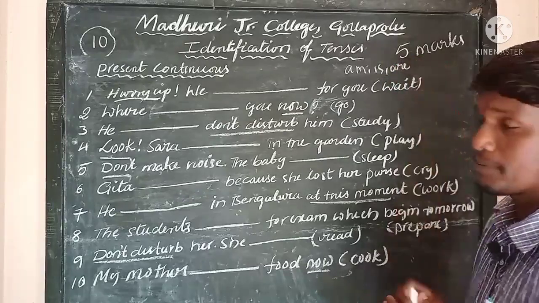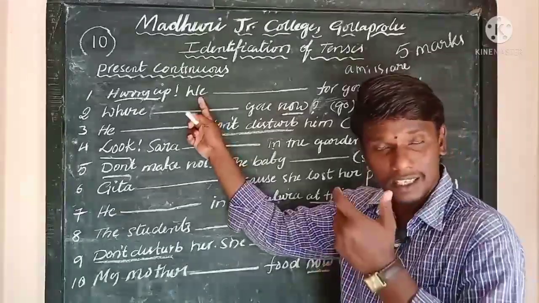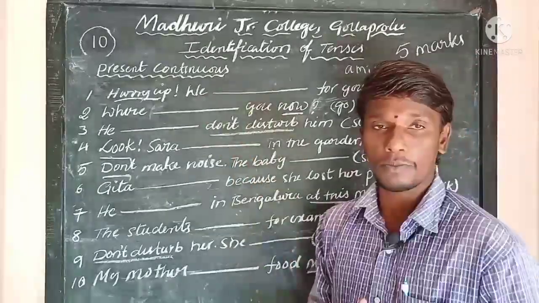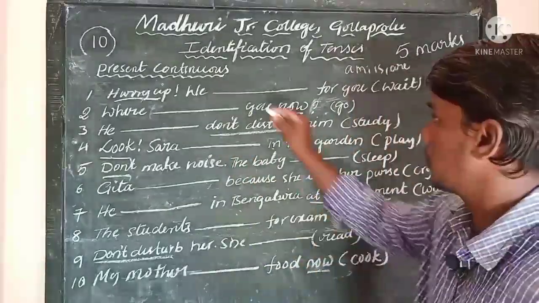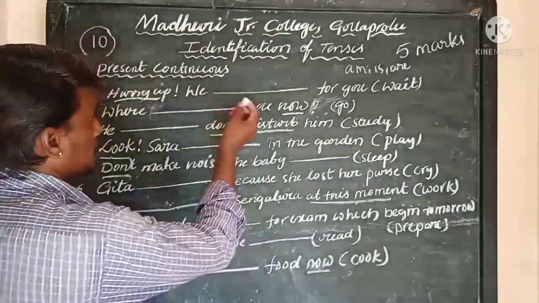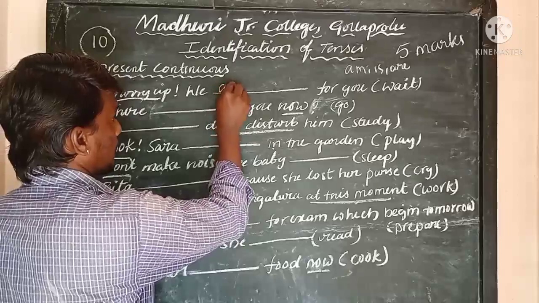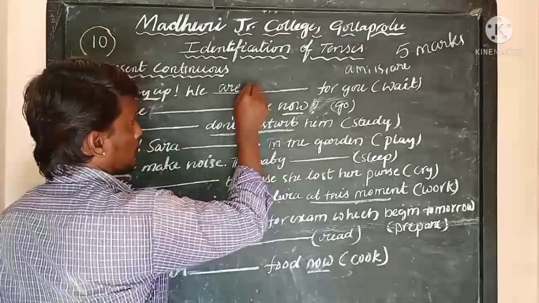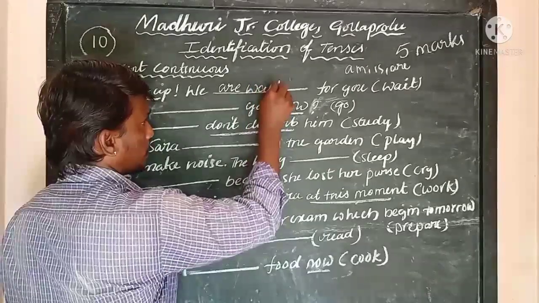Is the subject singular or plural? Yes, it is absolutely plural. It is first person plural, we. So for we, the right be form is are. We are. Now what is the verb given? Wait. So write wait plus ing form.